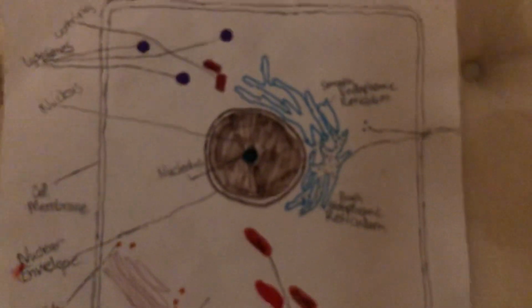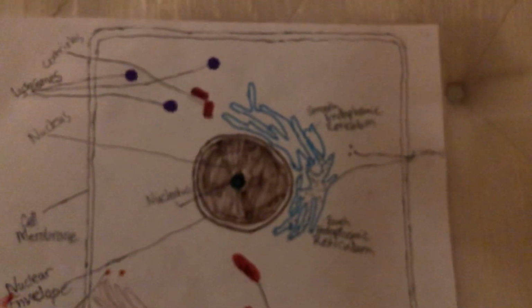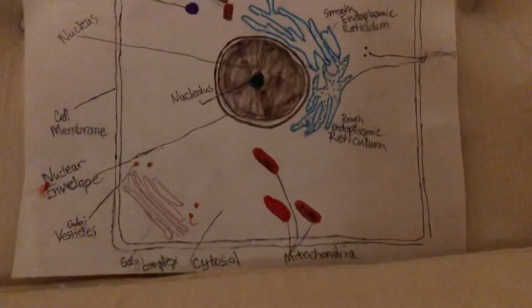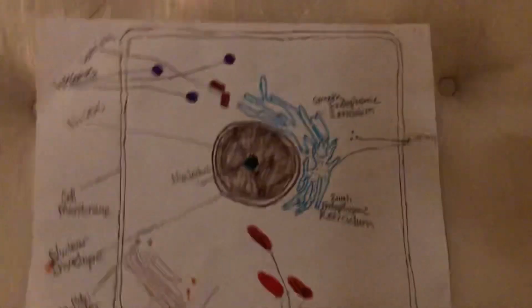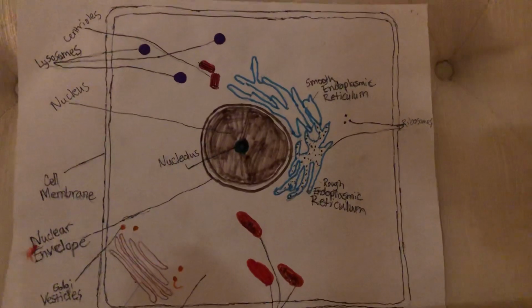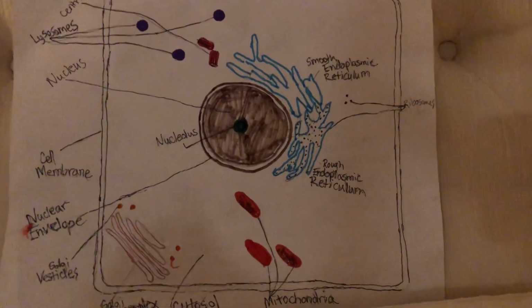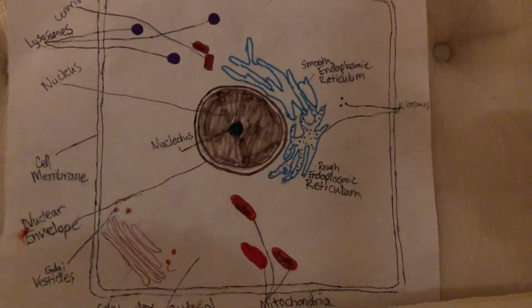Here they are round, but they can be in different shapes. They contain digestive enzymes. Oh, sorry, this camera is so shaky. There, that's better. They contain digestive enzymes, and they digest, break down, and dispose of unwanted materials.